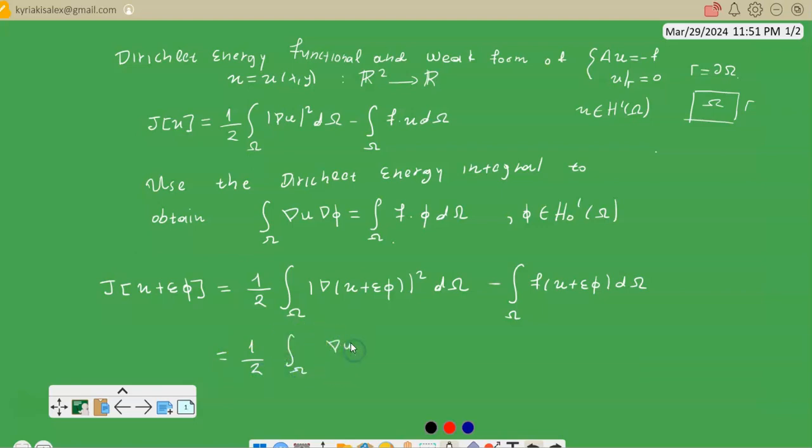This is grad u squared plus 2 epsilon grad u grad phi plus epsilon squared grad phi squared d omega minus the integral over omega f of u d omega minus epsilon integral over omega f times phi d omega.